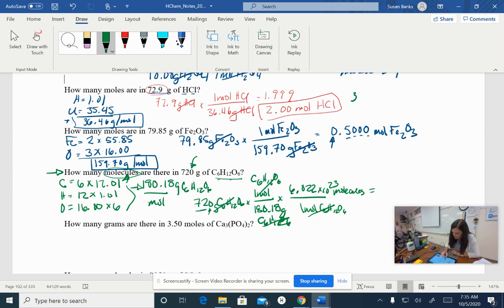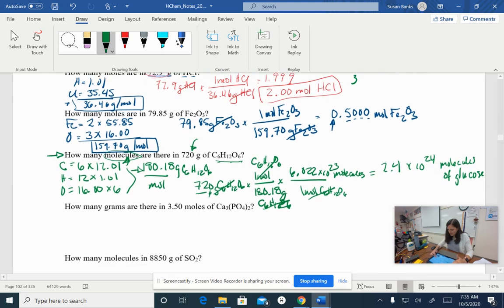Remember, this last 0 is a placeholder. There's no decimal here. So when we round to 2 sig figs, we will get 2.4 times 10 to the 24th molecules of glucose. Okay? So 2.4 times 10 to the 24th molecules of glucose.